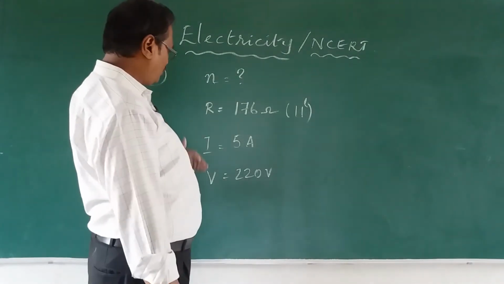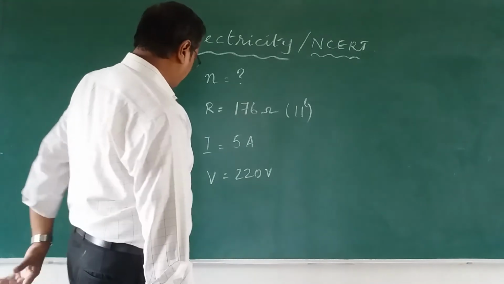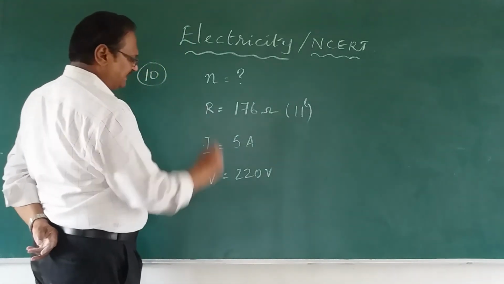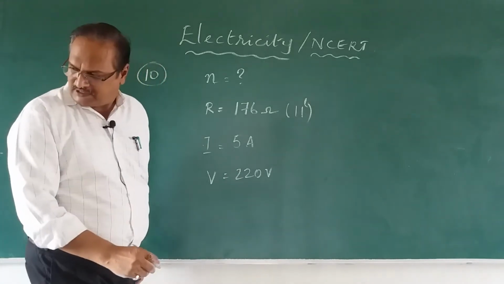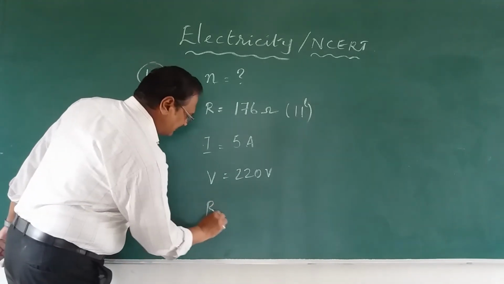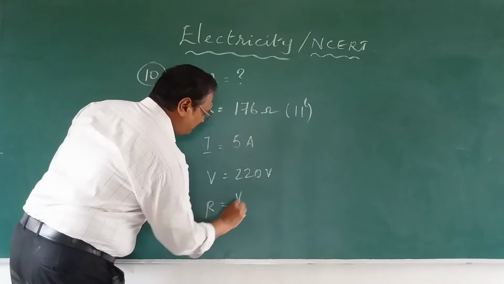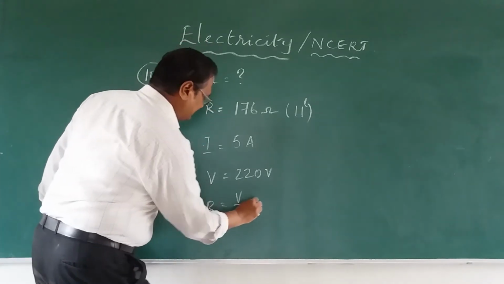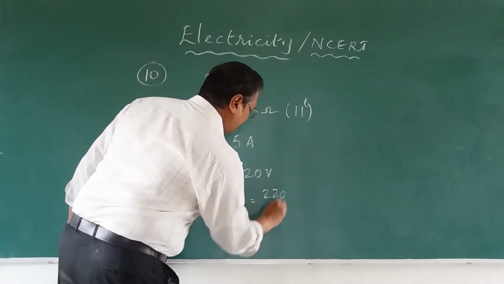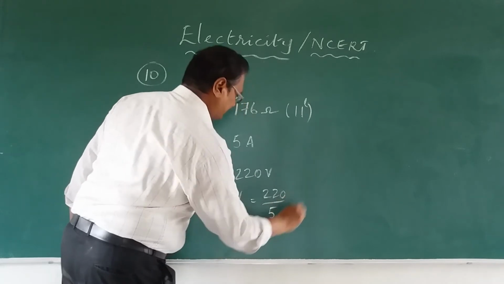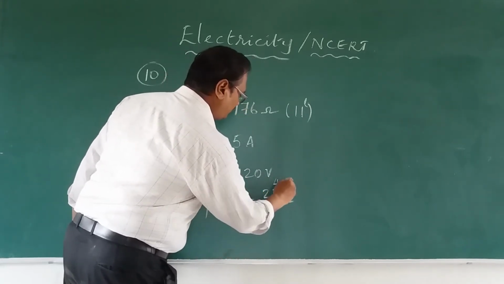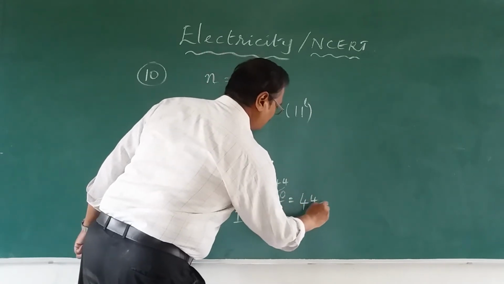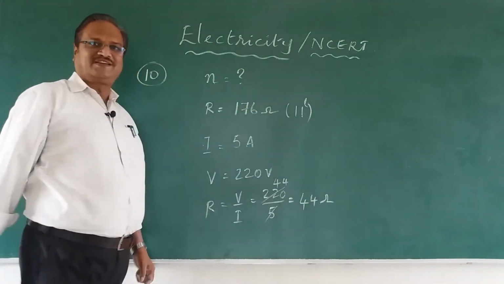We have to approach the problem in the correct way. V and I are there. So what can I calculate? From Ohm's law, I can calculate resistance is equal to V by I, that is equal to 220 upon 5, that is equal to 44 ohms.